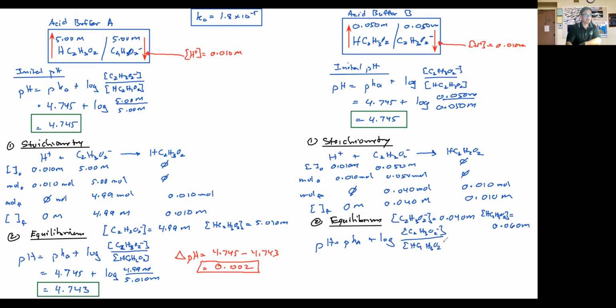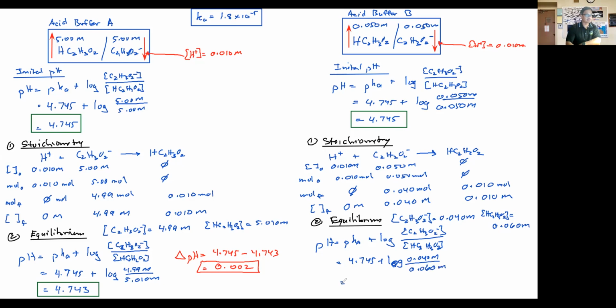Okay. All right, so let's go ahead and plug in our numbers. pKa then again should not change. So it's going to be 4.745 plus the log of the acid anion here, which is going to be 0.040 molar over 0.060 molar.